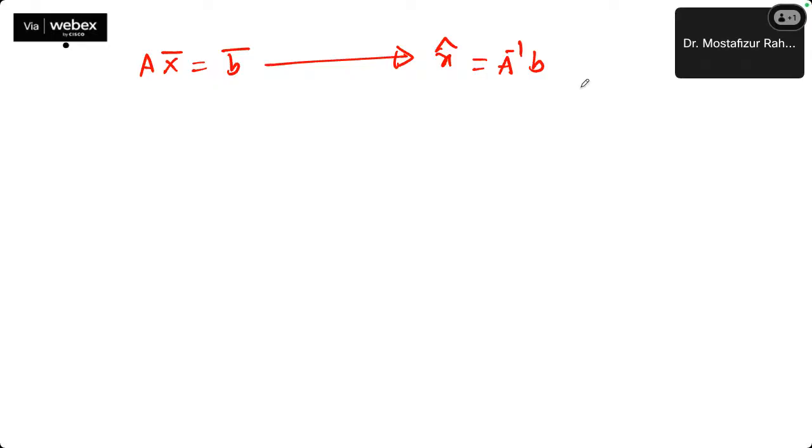But this is not a simple problem. In general, it may not always be possible.